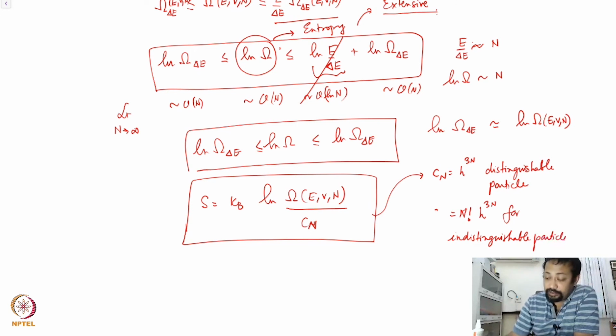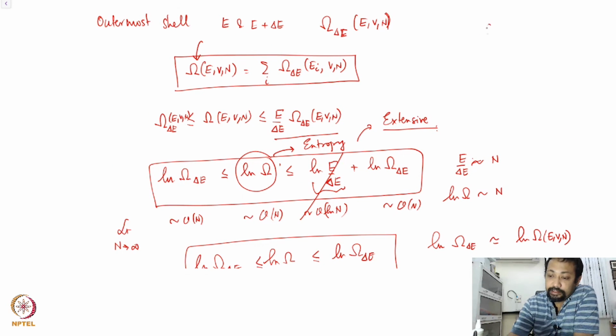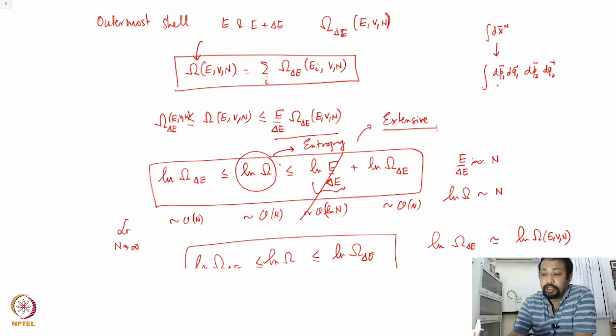h is the Planck's constant, and it's not very surprising why h comes in, because if you look at the measure in the phase space, it is d of xn. If you expand this, it is dp1, dq1, dp2, dq2. The product of p times q has a dimension of action, the same quantity as h, the Planck's constant.